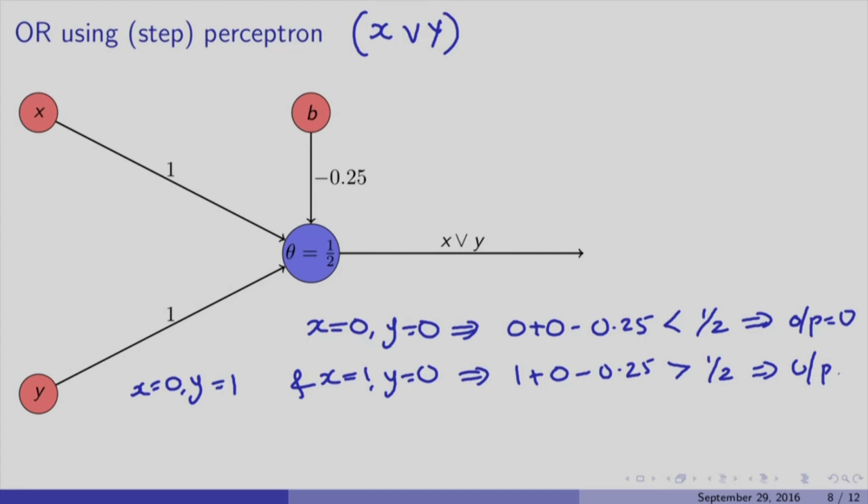So the output will be 1 as expected, and obviously for x equals 1, y equals 1, you do get 1 plus 1 minus 0.25, which is indeed greater than half. So the output is 1.